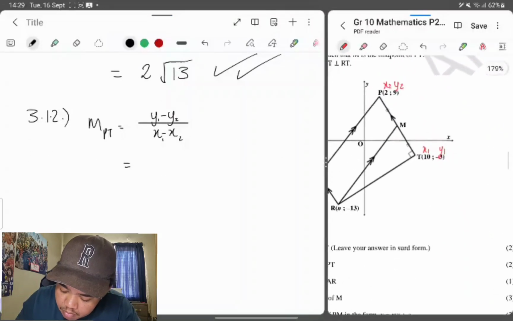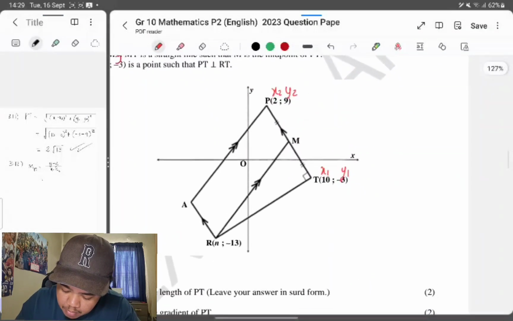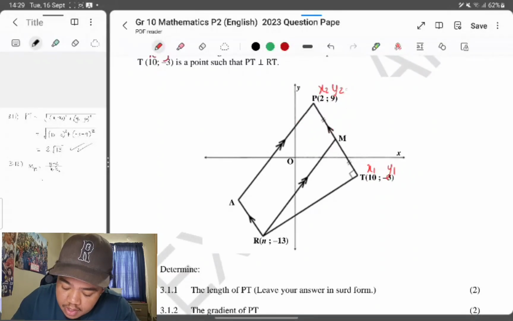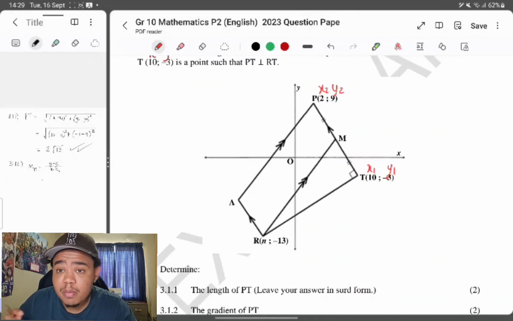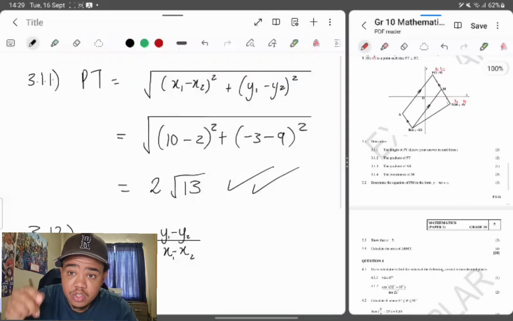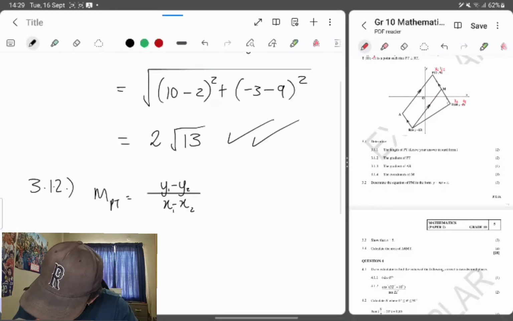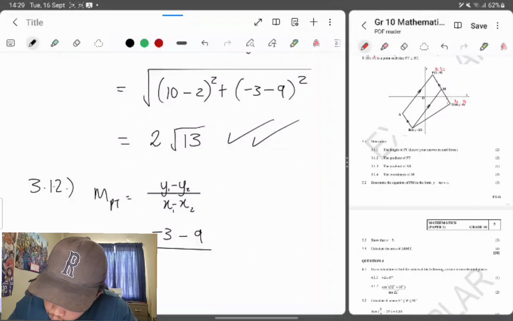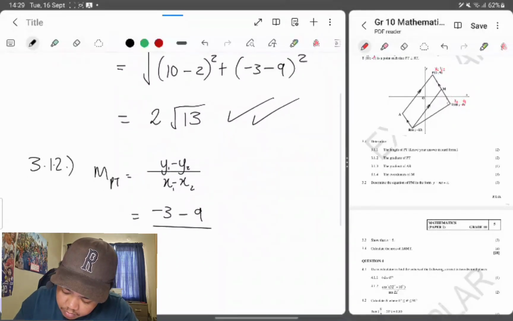So again, if we look at this here, it's going to be again x2, y2, x1, y1. Important to keep them together, people. Okay. So remember, the y's are coming first, not the x. So on top, y1 is negative 3 minus 9 over that is a 10 minus 2.